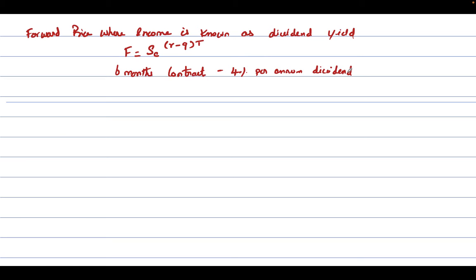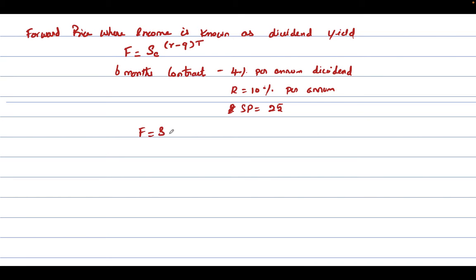The risk free rate of interest is 10 percentage. So R is 10 percentage per annum. And the spot price of the asset is 25. So then we can calculate the forward price like this.